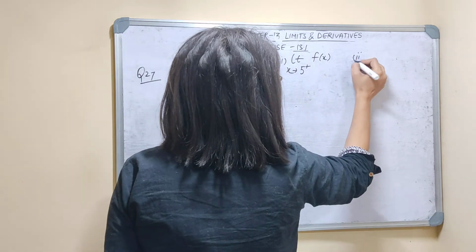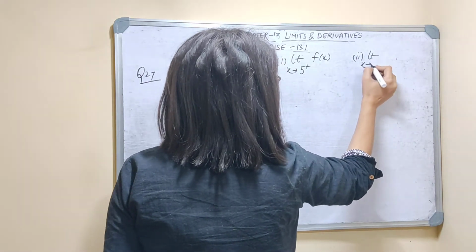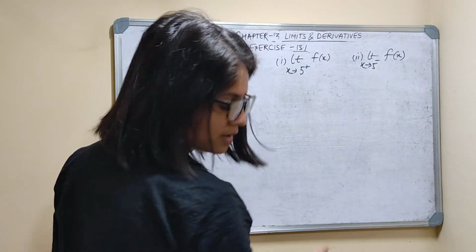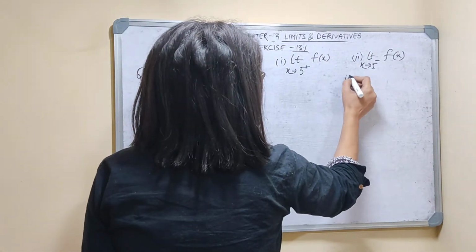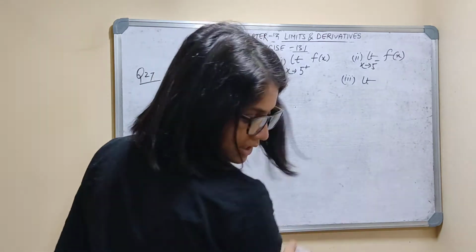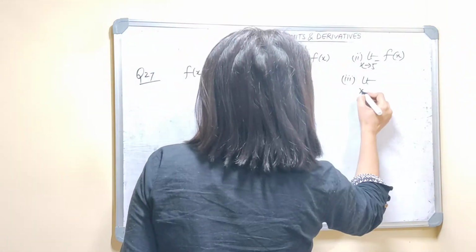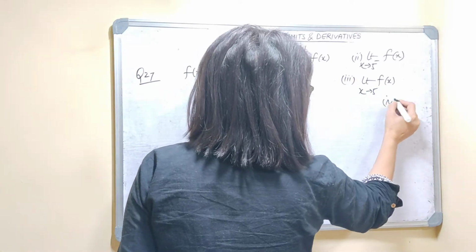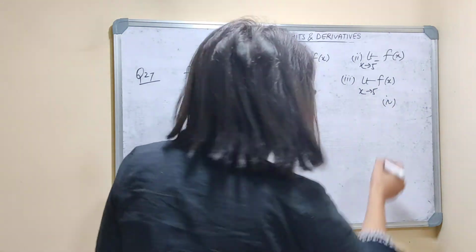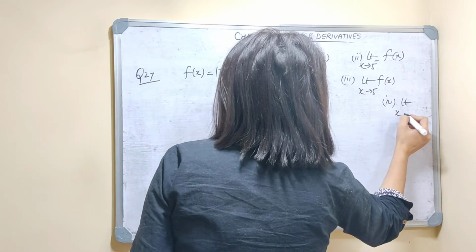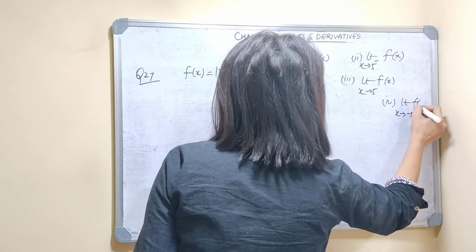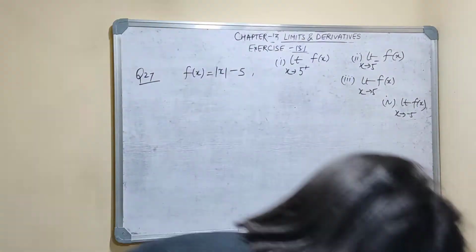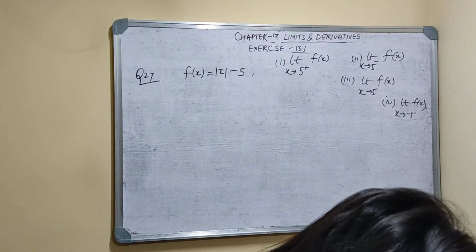Second, limit of x tends to 5 minus f of x. Third part, limit x tends to 5 f of x. And fourth part, limit of x tends to minus 5 of f of x. f(x) is equal to mod of x minus 5.